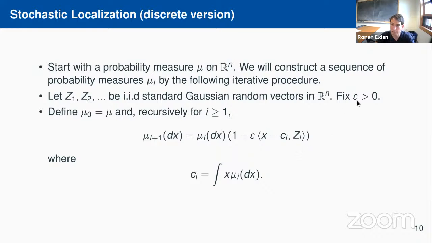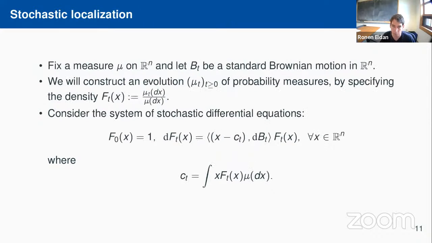Now here epsilon is finite. It turns out there is a way to actually take epsilon to 0 and basically multiply by linear functions with random slopes. This gives rise to some kind of system of stochastic differential equations where the Gaussians we had before will now be replaced by a Brownian motion which is driving the process.